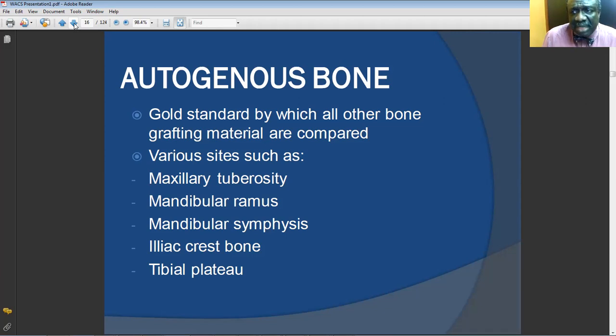And this includes the maxillary tuberosity, mandibular ramus, mandibular symphysis, and these are the intraoral sites. You can also harvest from oral tori or other exostosis. You can also harvest from zygomatic buttress, and the extraoral sites are usually the iliac crest bone or the tibial plateau.